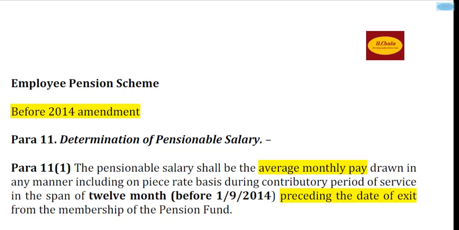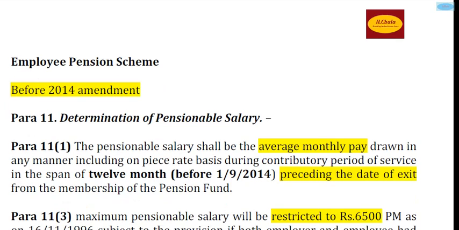So what was the provision before this amendment? Let's understand that first. Then we will go for what that amendment is. Under the Employee Pension Scheme, para 11, subclause 1 says the pensionable salary shall be the average monthly pay drawn in any manner, including on piece rate basis, during the contributory period of service in a span of 12 months preceding the date of exit.